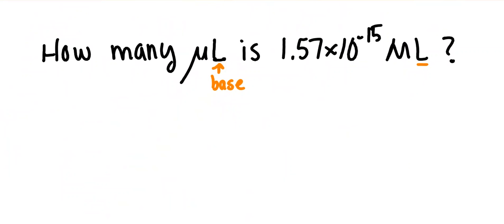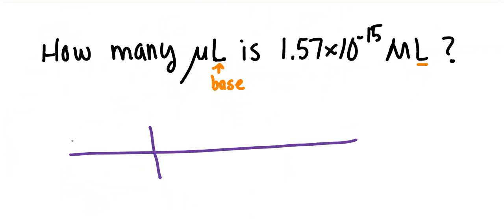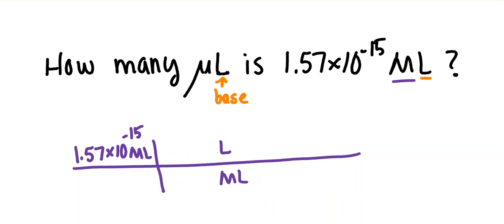So let's start our setup. It's important that you use a capital M here because mega is very different than milli. Okay, I want megaliters down here, and I'm going to my base unit first. So this is a good thing to know. When you have 2 prefixes, you want to go to the base unit in between.